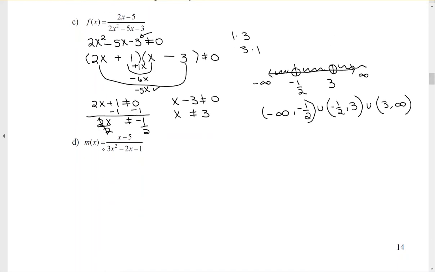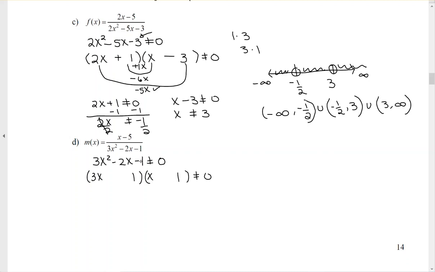Okay, the last one we have on this page, same idea. Denominators can't be 0. Notice I'm not doing anything with the numerator. It's all about the denominator when we talk about domain. Factor it. So I've got 3x times x gives me 3x squared. I need to multiply to get -1.